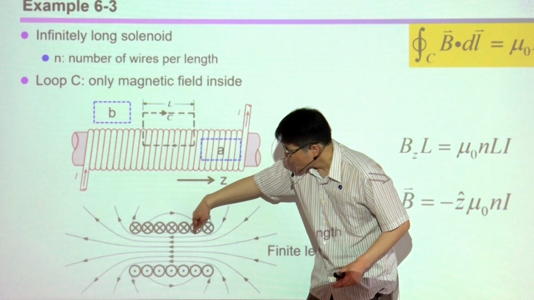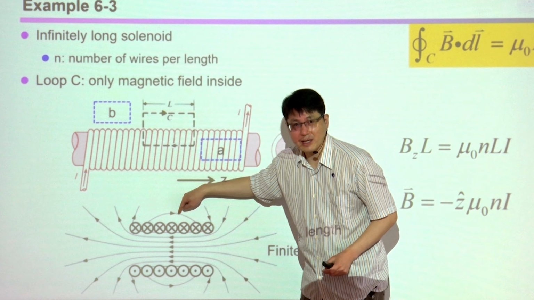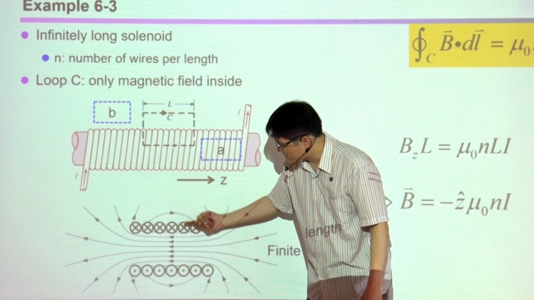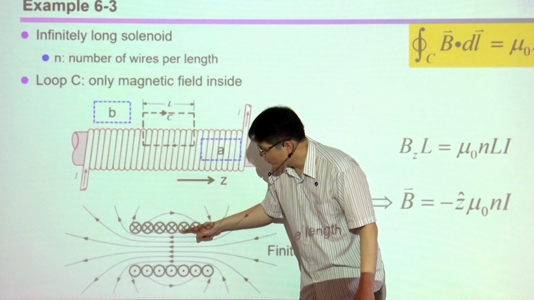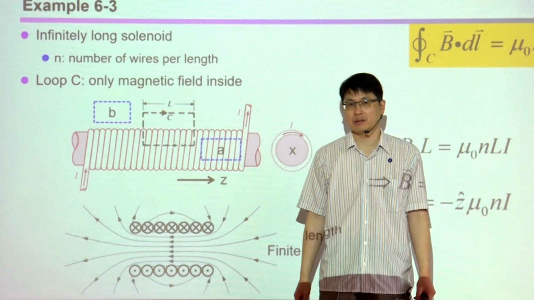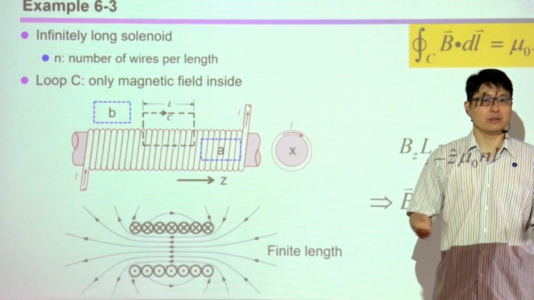So basically, you do have field immediately outside of the solenoid. So in this case, you form a closed loop. You have to evaluate B inside minus B outside. They're both unknown quantities. So what do you gain? Nothing.